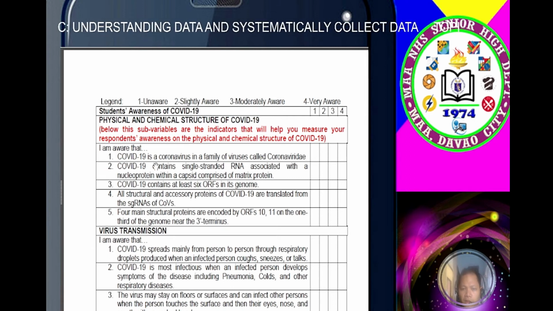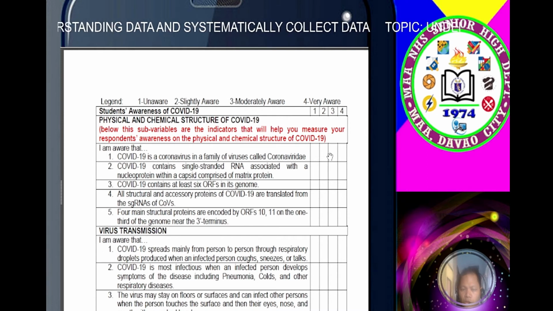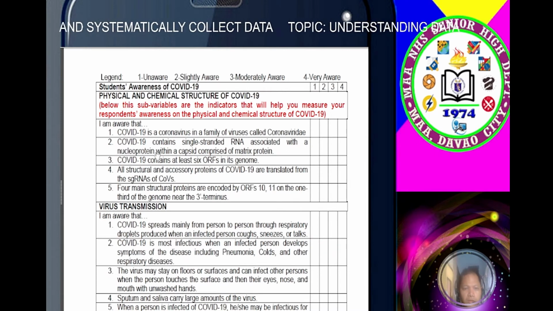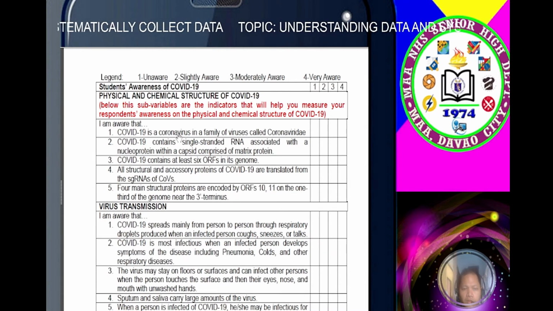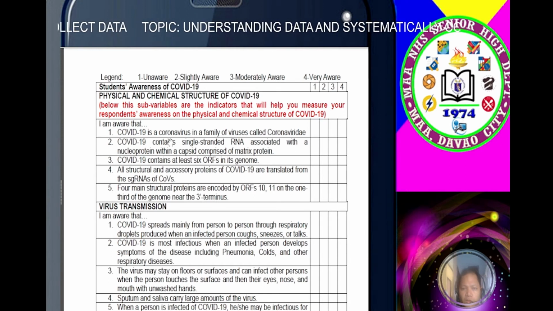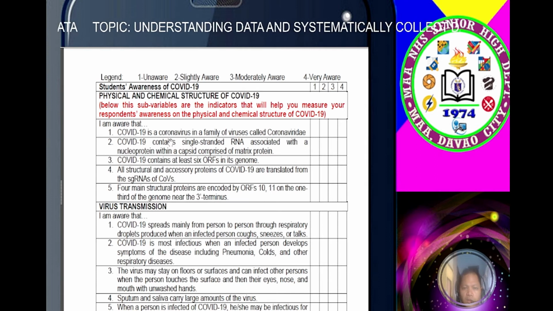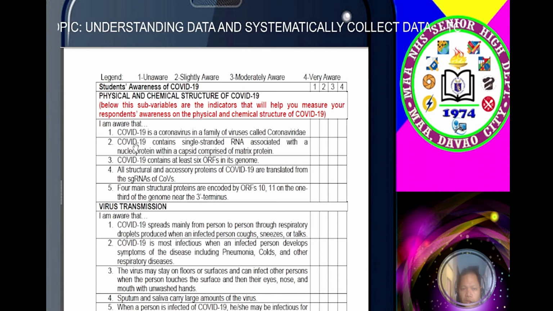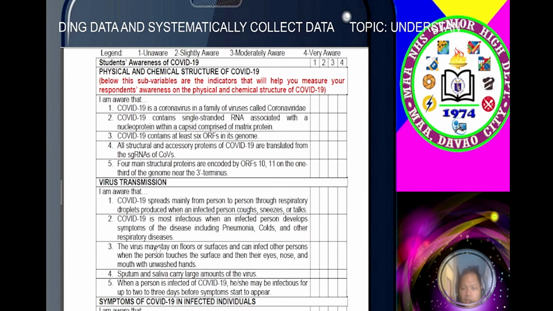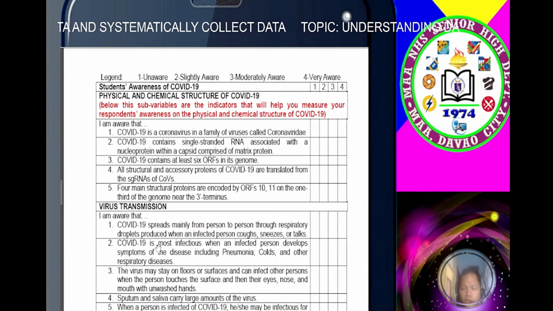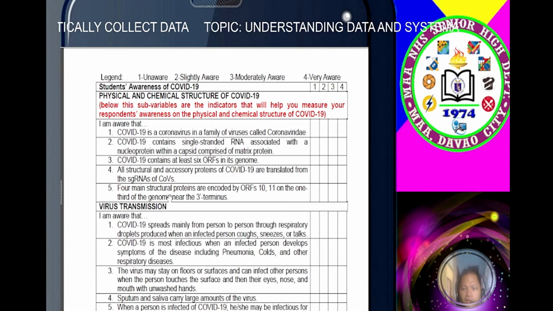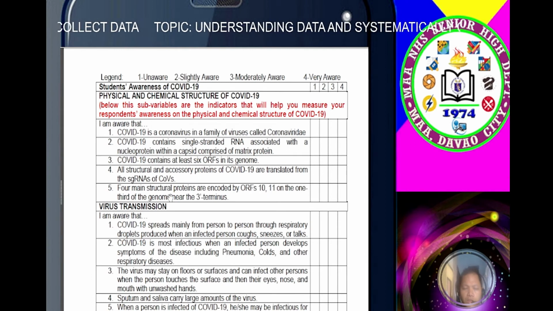If they are aware, the answer is 4, or 3, 2, or 1. As you observe, your respondents will not have a hard time answering your questions. In constructing your own questionnaire, you can limit it to 5 questions in each variable. But if you adopted a questionnaire, you will use all the questions there in your data gathering.